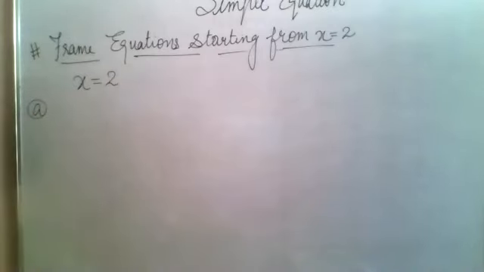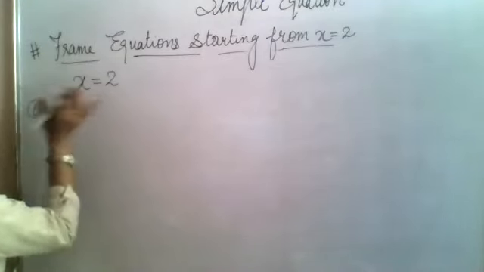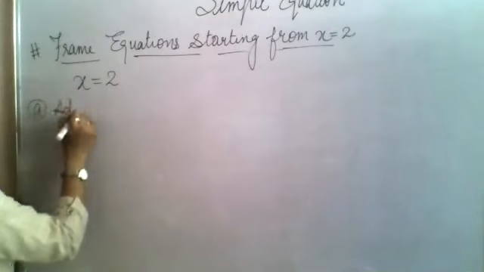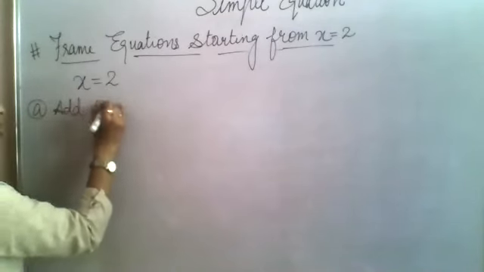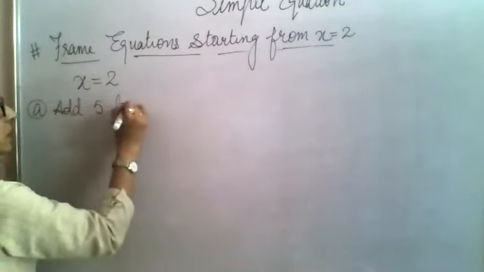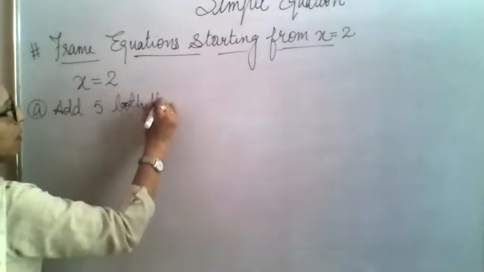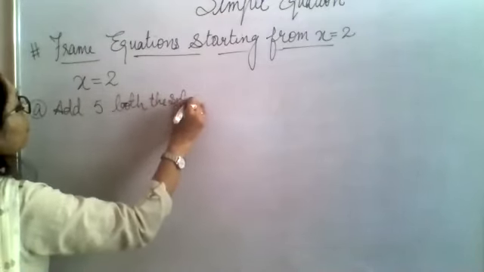In the systematic method, I have told you that you can add, subtract, multiply, divide both sides by the same number. So here I am doing addition. Add 5 to both sides. I'm not saying you must write only 5.